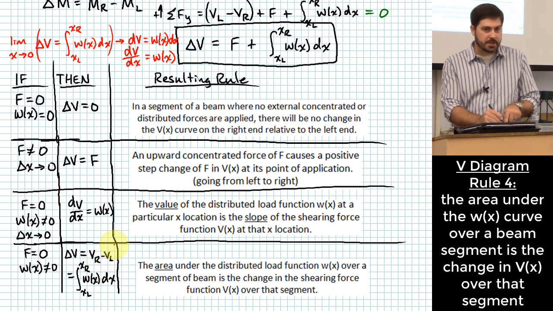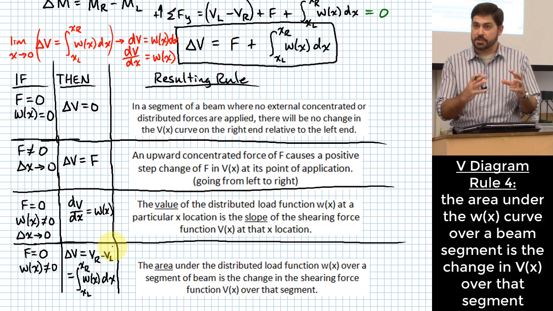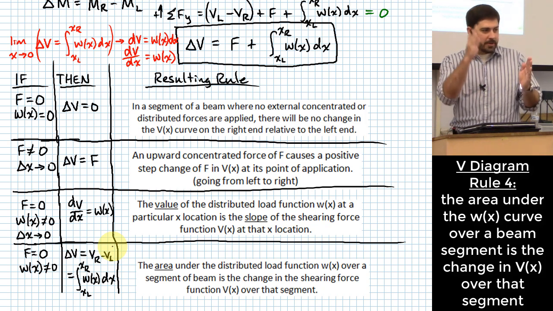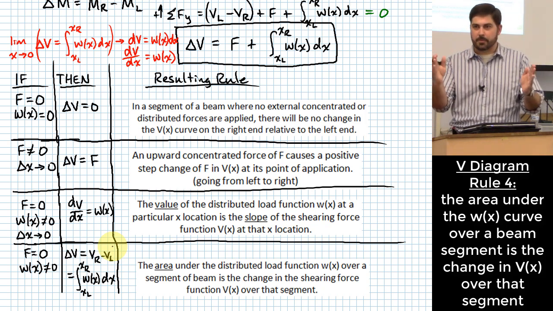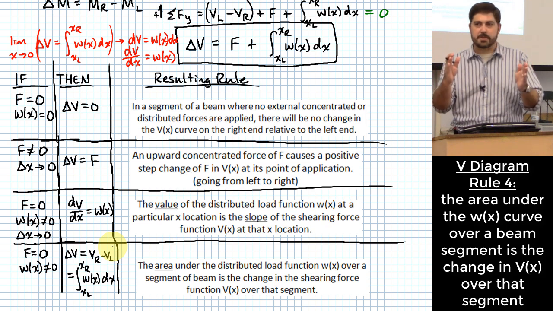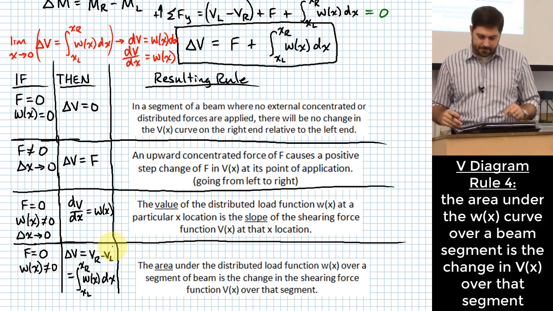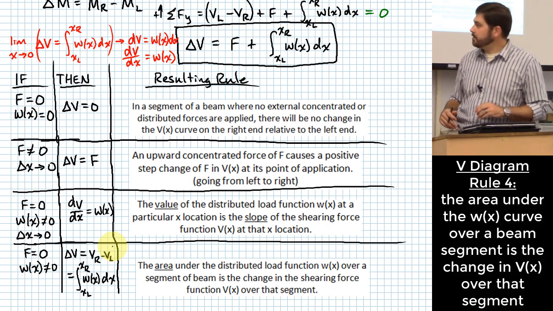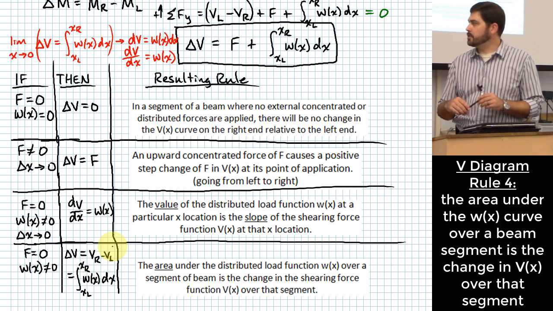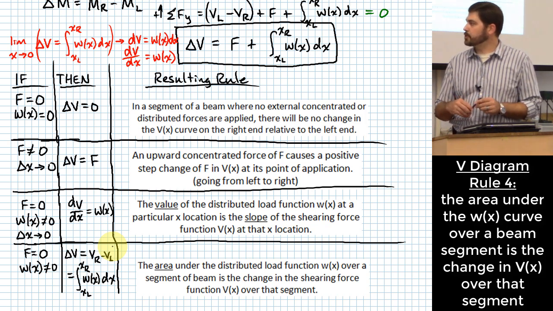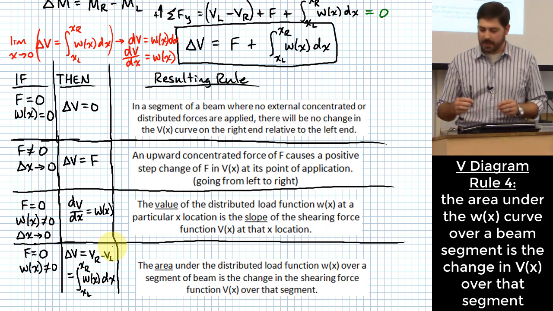It's how much the shearing force function V(x) changed going from left to right. Does that make sense? Take right minus left, it gives you the change from left to right. So the area under the distributed load function over a segment of beam is going to be the change in the shearing force function V(x) over that segment.